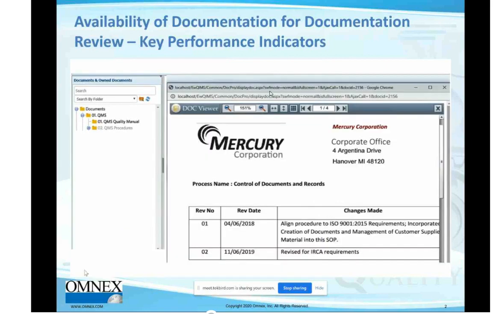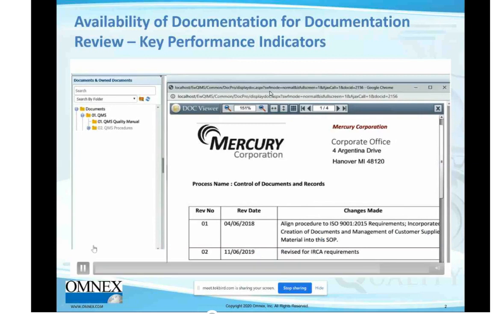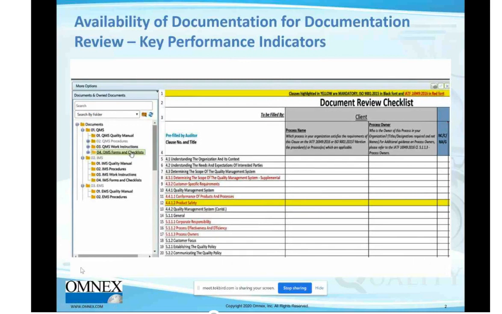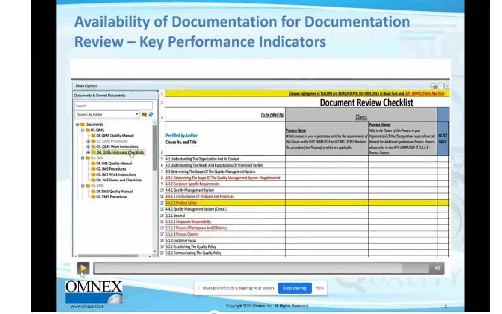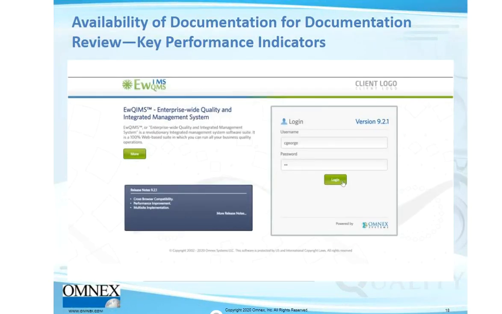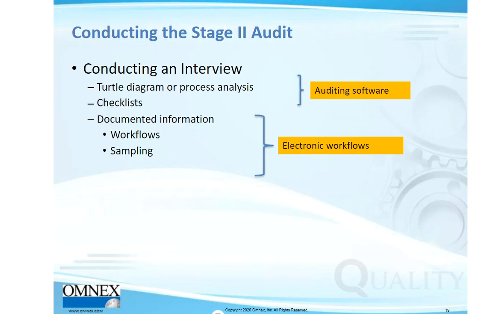So here it is. That is the quality manual. And we're also seeing here the document review checklist that is completed by the auditor for part of the stage 1. All right, let's move on then. So that's stage 1.